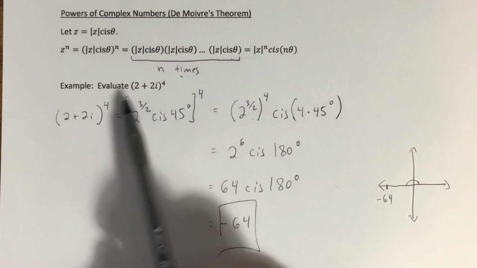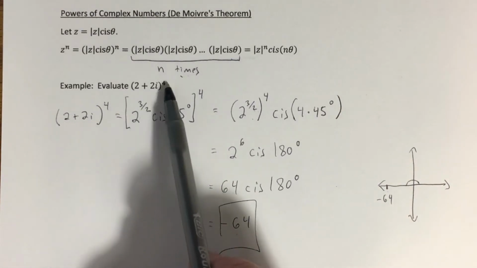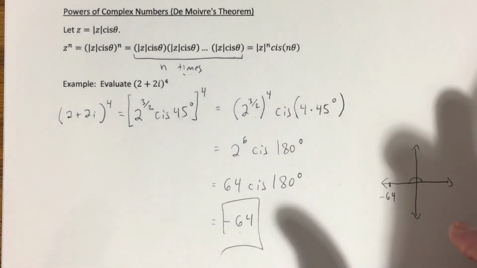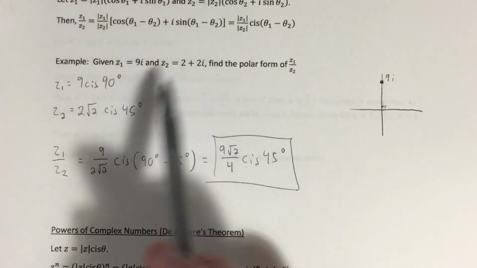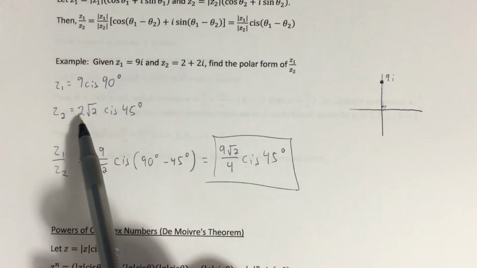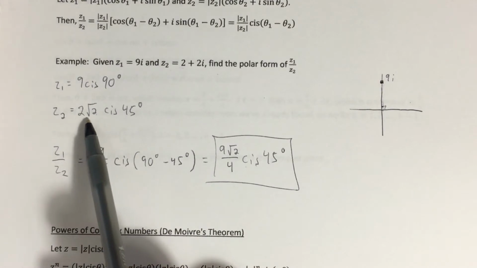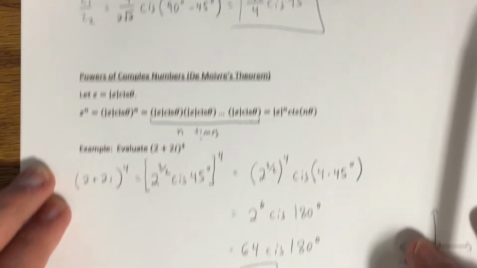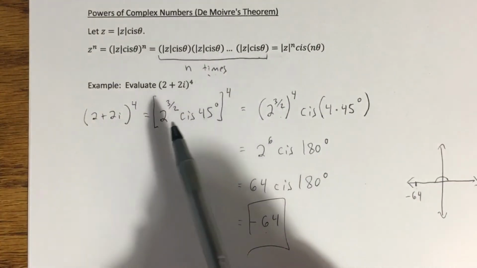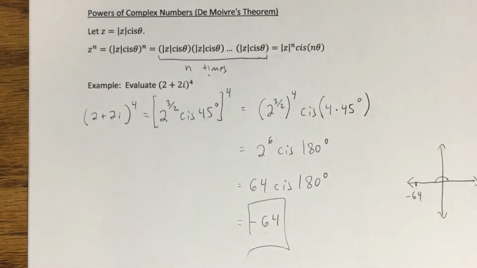So what I'm going to do is take the 2 plus 2i that we want to raise to the 4th power and convert it into polar form, which we already did because we used that number in this example up here. Now I want to point something out. My absolute value here simplified to 2 root 2. However, 2 root 2 is the same thing as 2 to the 3/2 power.